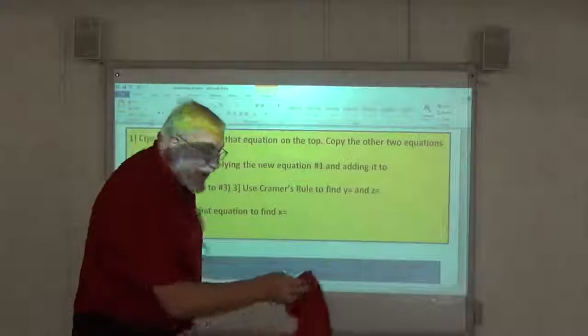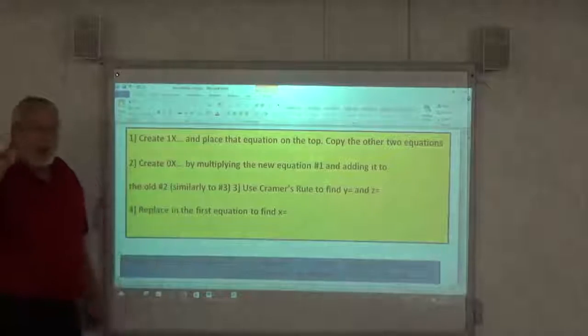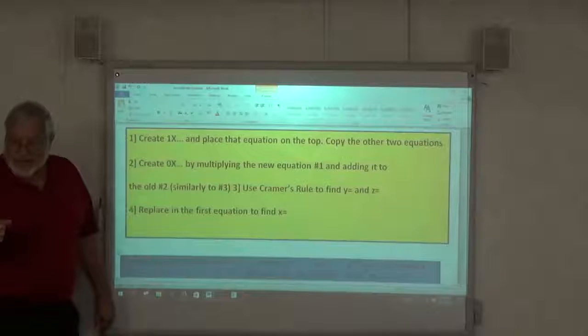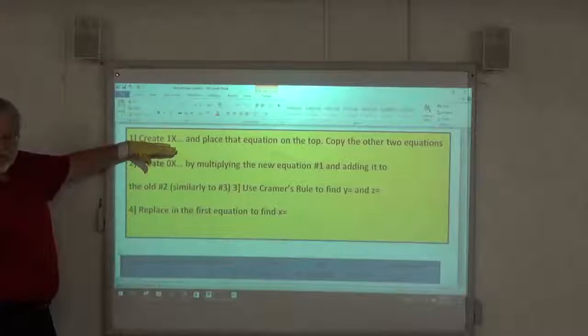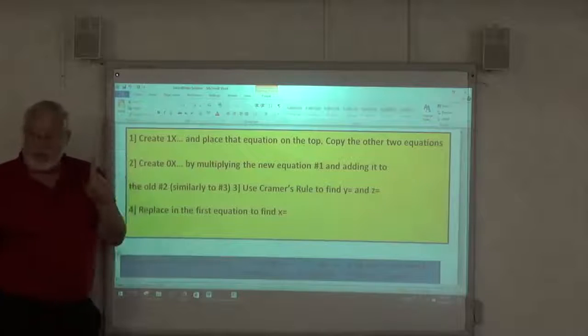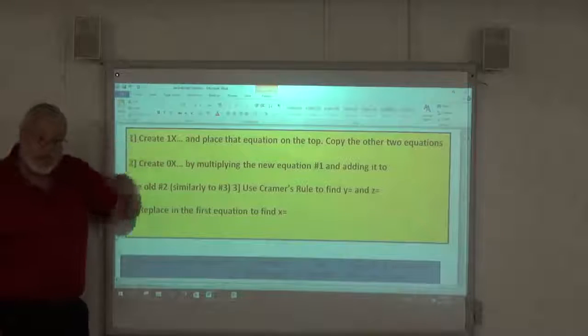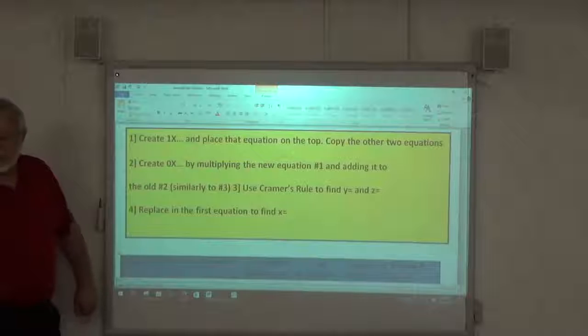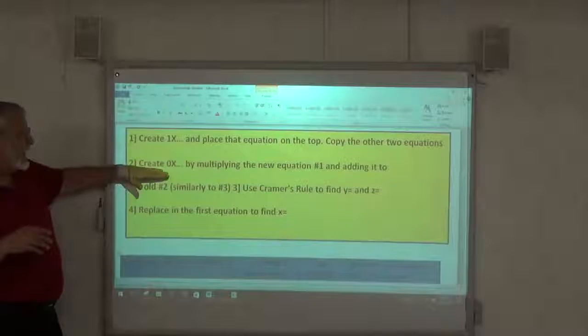Because what we want to do is know what one of the x's is, because that's going to help us with our solution. After you get done with that on one of the equations, then you're going to create 0 x's for the other 2 equations. I'll explain that in a second.